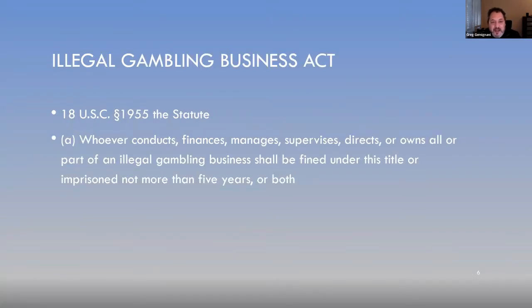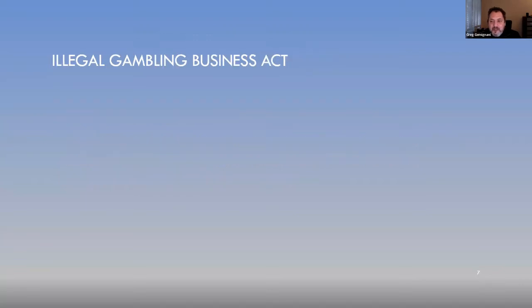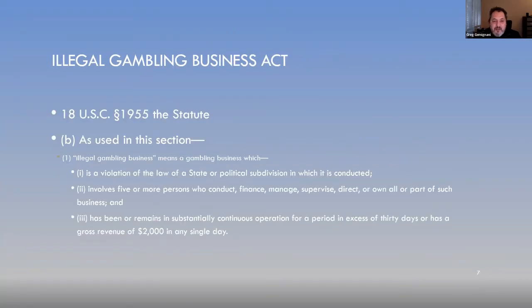So again, under the statute, it's whoever conducts, finances, manages, supervises, directs, or owns all or part of an illegal gambling business. And an illegal gambling business is one that operates in violation of any state law in which it's operated. It involves 5 or more people who do any of those things. And it's either been in continuous operation for 30 days or more, or has gross revenue in excess of $2,000 in a single day.